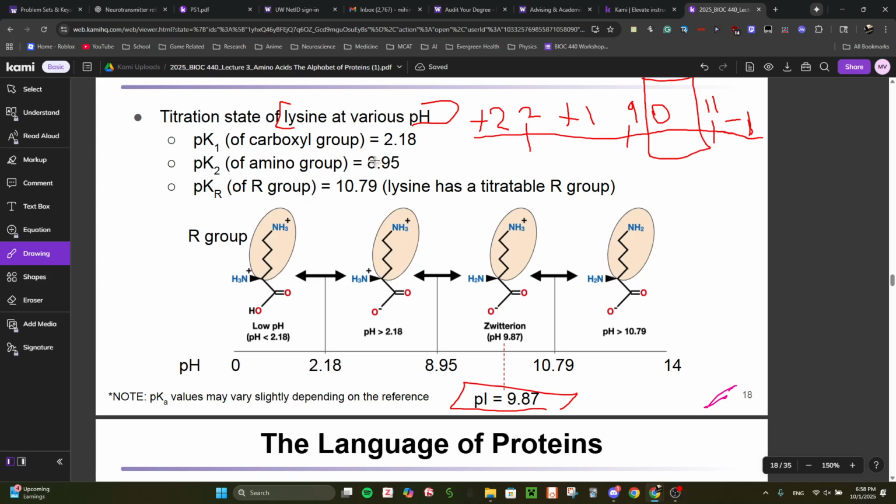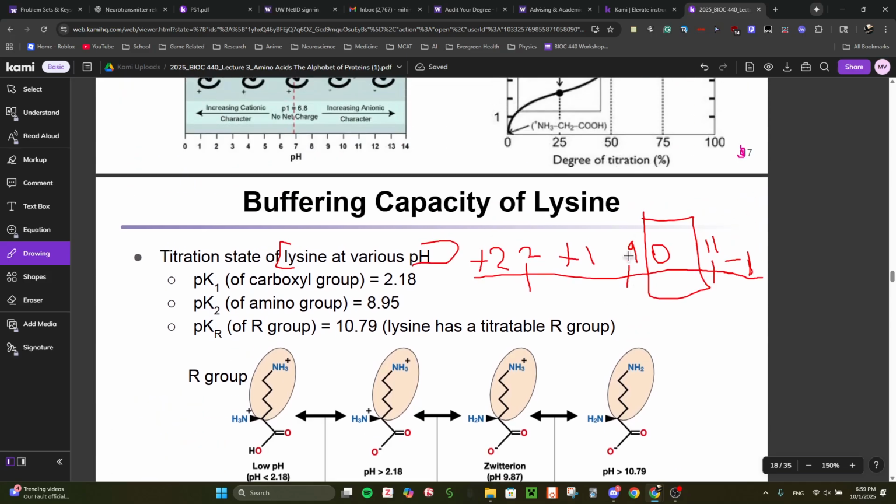That'll pretty much always give you the pI of the basic amino acid, like lysine and arginine. Because that's what we're doing here: this is the N-terminus, and that is the side chain of the amino acid.